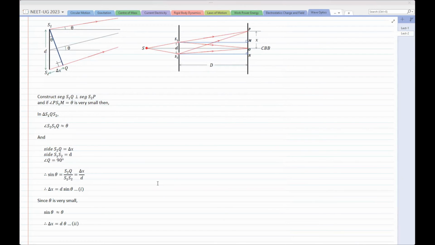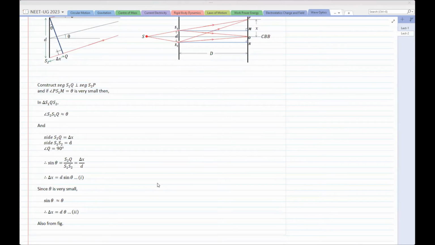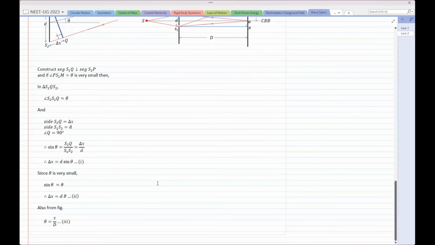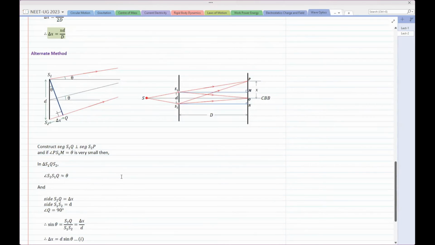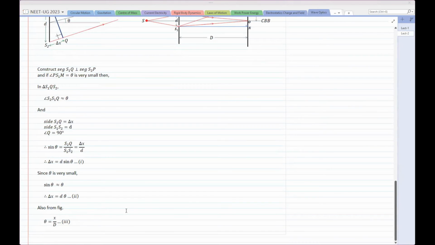Okay. Now, from figure, if you know the basic definition of angle, then theta in radian is X by D. It is X divided by D. Okay, because this angle is also theta. So you can just substitute it there from equation 2 and 3. What we get?